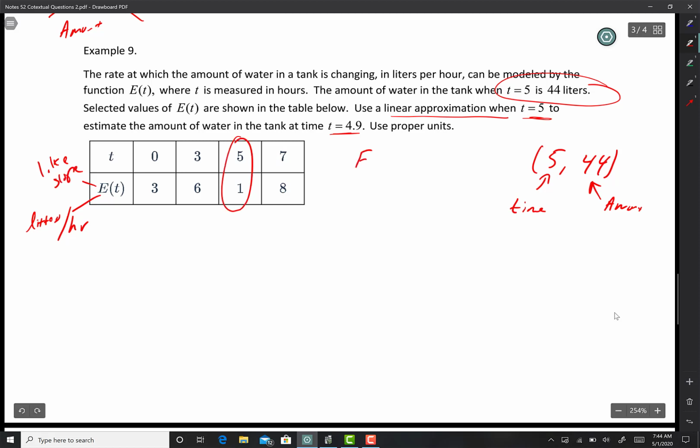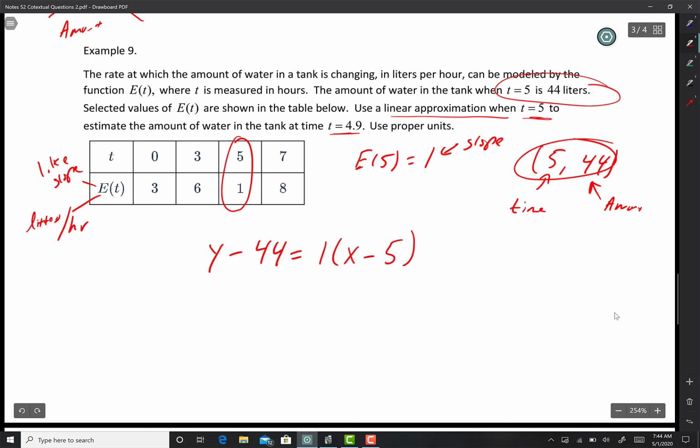So here we go, guys. We have everything we need. This is my slope. This is my point. So y minus 44 equals, let's see, my slope, 1, parenthesis x minus 5. So I'm going to distribute the 1. It's just going to be x minus 5 again. And then I'm going to add 44 to it. So 44 minus 5, what's that, 39? 39.